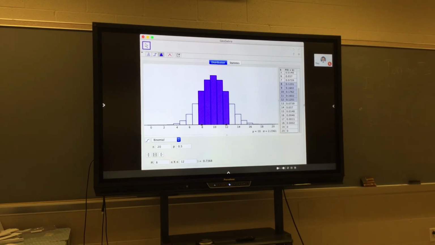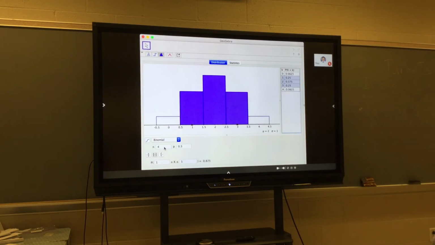Now, we have n and we have p. N is the number of observations, p is the probability of success. The default here was 20. Let's change that. We were looking at 4 coin flips, where the probability of success was 0.5. So update that, and here we go.